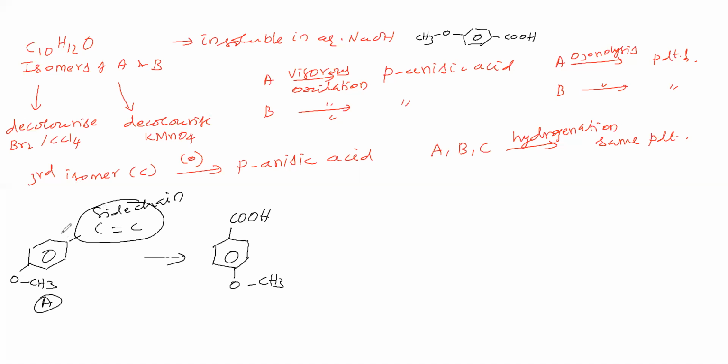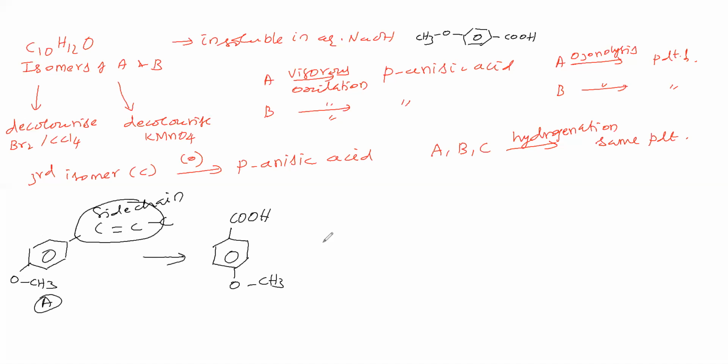Now we got some idea. This oxygen is an ether; alcohol is not, phenol also not. In C10, the benzene has 6 carbons. The ether group has 1 carbon, so 7 carbons are over, and the remaining 3 carbons are there. Two carbons we have written, the third carbon also we have written.